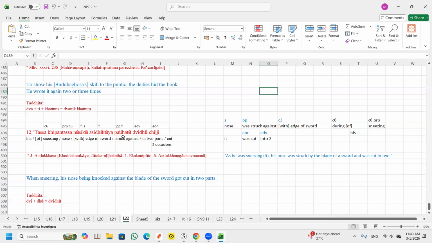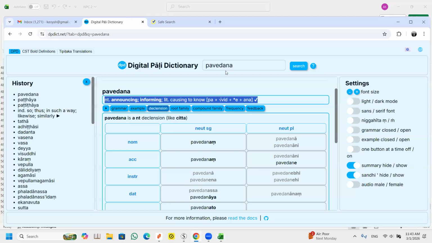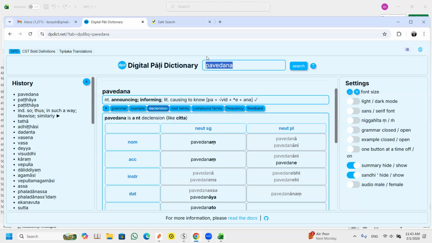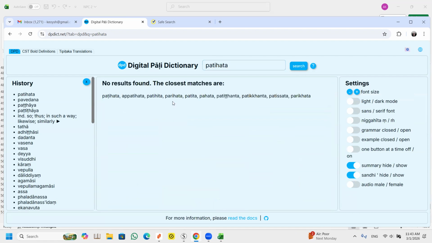And then can you see the word Pati plus Hatta? Pati and Hatta actually means struck. Patihatta, struck. So if you look at Patihatta, this is the one, Patihata.